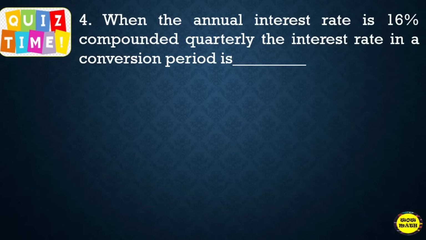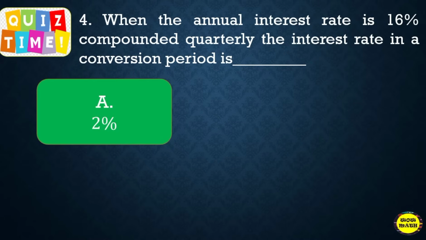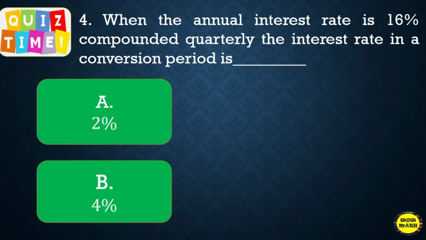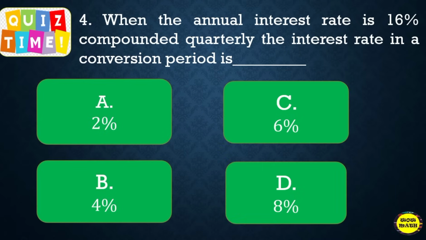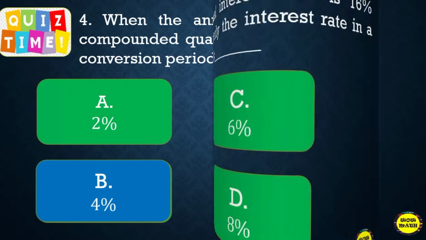Next, number 4. When the annual interest rate is 16% compounded quarterly, the interest rate in a conversion period is blank. A, 2%, B, 4%, C, 6%, and D, 8%. Okay, so the answer is letter B, 4%.